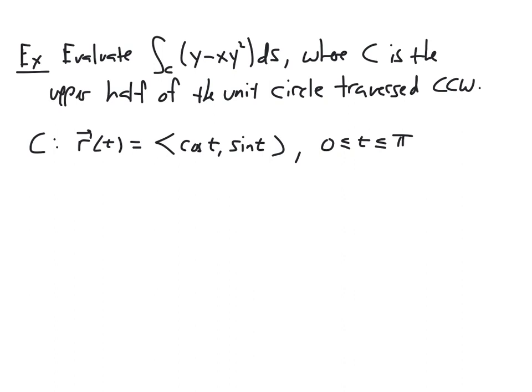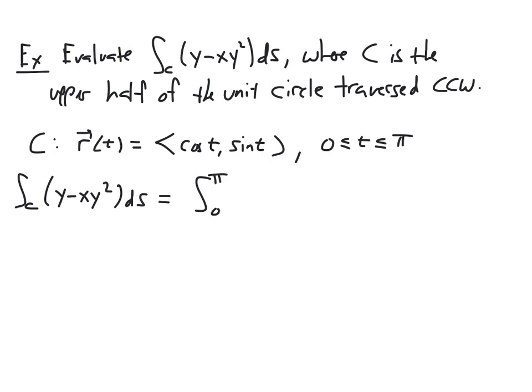And we have our function f, and we have our curve C with a nice smooth parameterization. And so now we're ready to compute our line integral. All right, so the integral we want to compute is the integral over C of y minus x y squared ds. So now we just substitute in our values. We have a definite integral here from 0 to pi.